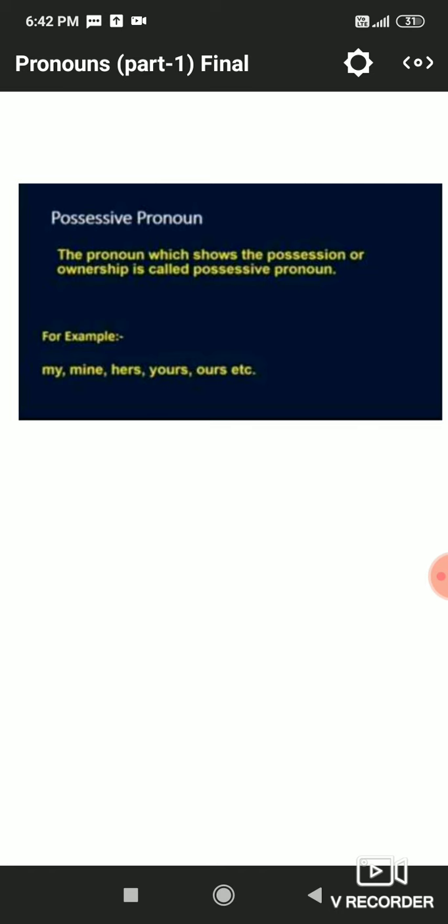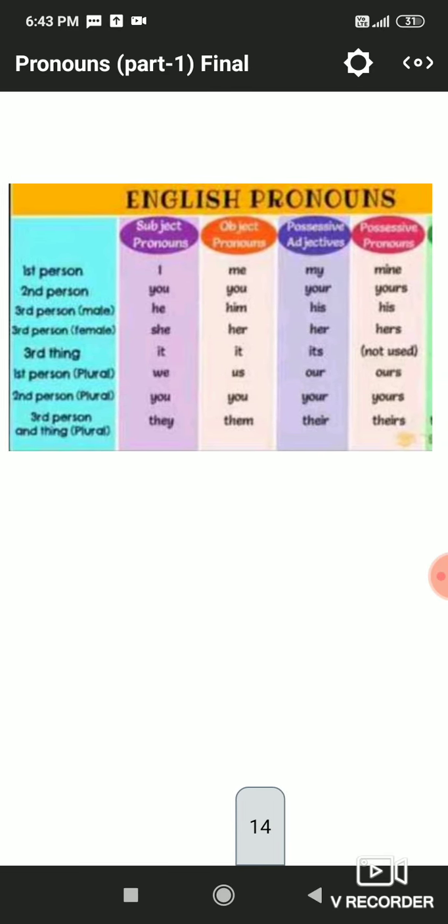That person belonged to my sister. So she is hers. So here these words are used as possessive pronouns. Now read out this table: subjective pronoun, objective pronoun, and possessive pronoun. I, me, my, mine. Here my is an adjective, but in this chapter we are talking about pronouns only.